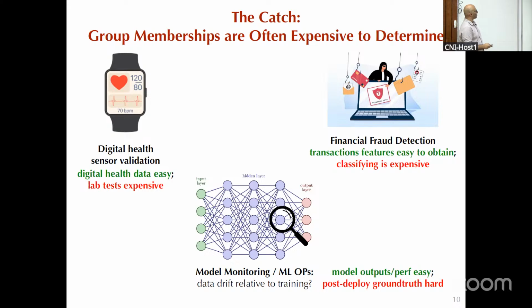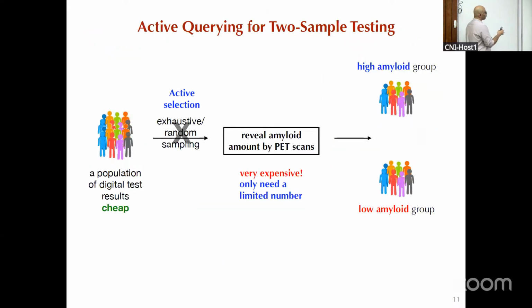Right, so this motivates the problem that I'm talking about, which is how can you do two-sample testing when things are actually expensive to reveal which group they are in, right? So it kind of flips the two-sample testing problem on its head. So what we propose to do is a sort of modification of this two-sample test, where instead of exhaustively or randomly sampling all of these people to do the PET scans on, we're going to do what I'll call active selection, right?